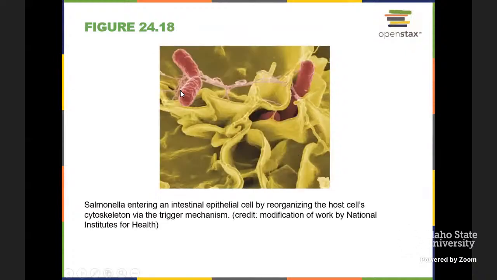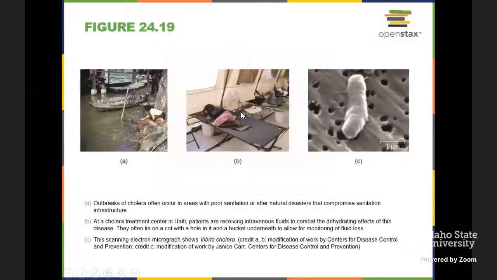So here's an image of Salmonella. We've seen this one before, gram negative. It's trying to get into cells, penetrating in. That's what we're looking at. And we'll go through some details with that in a second.